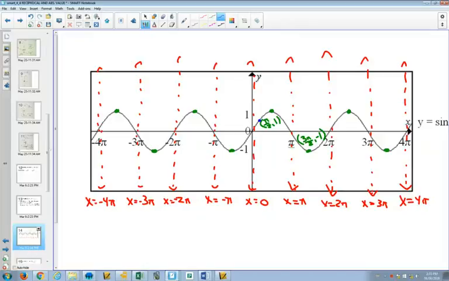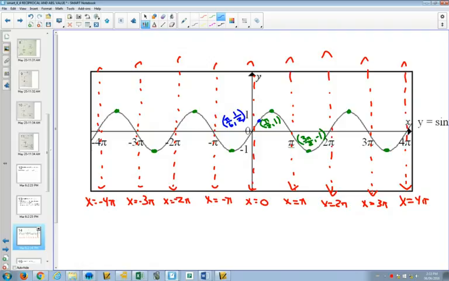What's this point right there? That's a nice number without square roots. Something 1/2. What is it 1/2? Pi over 6, because sine of pi over 6 is 1/2.